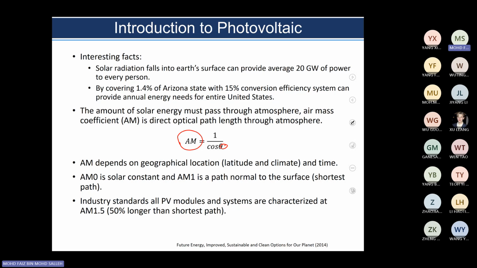Cos 0 is 1, so it means right normal to the surface. And usually, when we want to test our solar cell or PV module, we will use AM 1.5, which is 50% longer than the shortest path of solar irradiation. Okay. This AM 1.5.